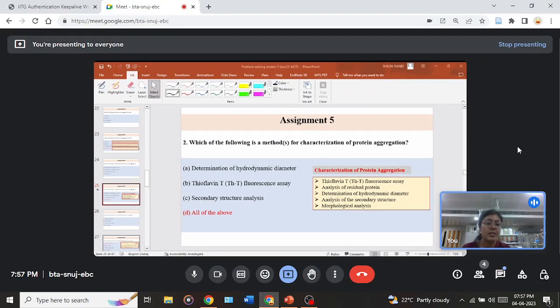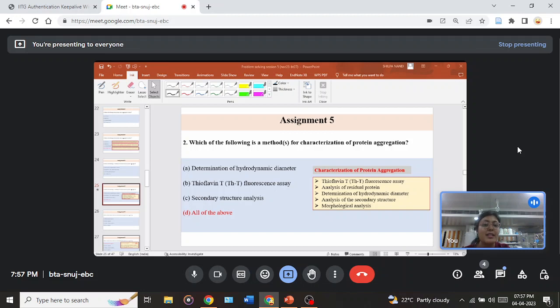So, the correct answer to this particular question is option D, that is all of the above. When I was going through lecture number 13, you can also go through lecture number 13 from your NPTEL course or NPTEL portal. You will see they have discussed the various methods for characterizing the protein aggregates. So we had these five methods. First one was thioflavin T or THT fluorescence assay.